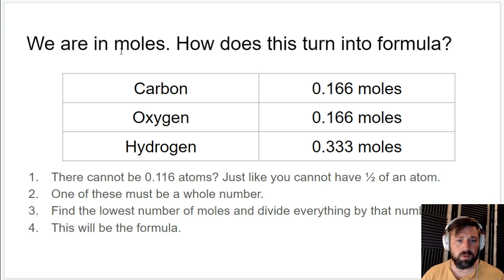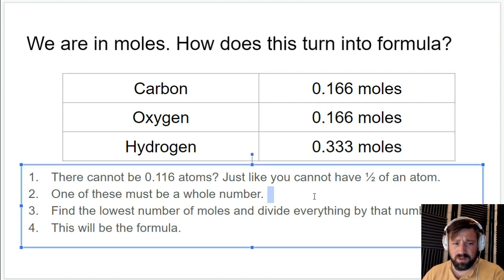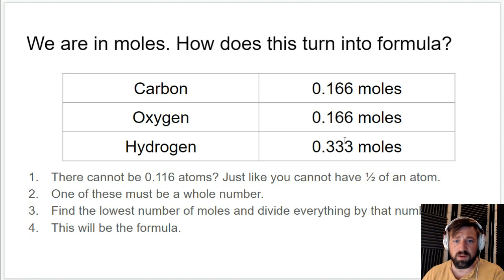If we know the number of moles of each thing, we can determine its relative proportions. If we see that we have carbon at 0.166, oxygen at 0.166, and hydrogen at 0.333, we can determine what proportion these are.